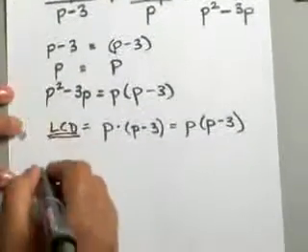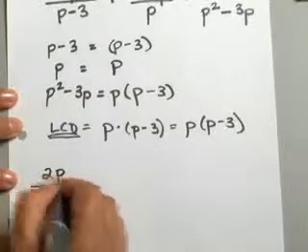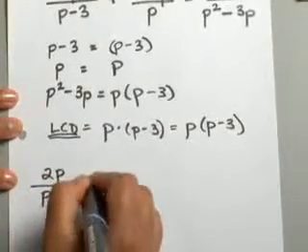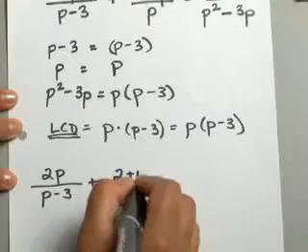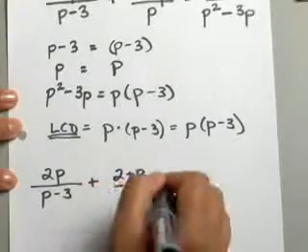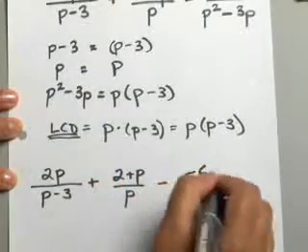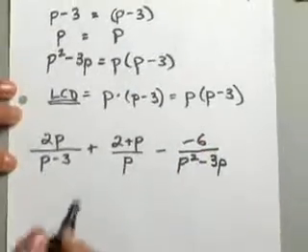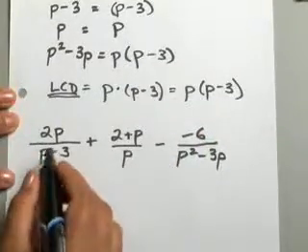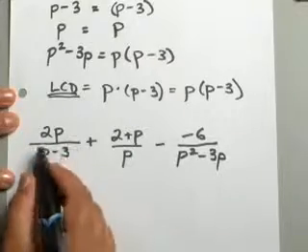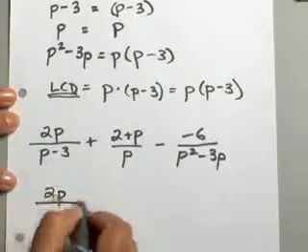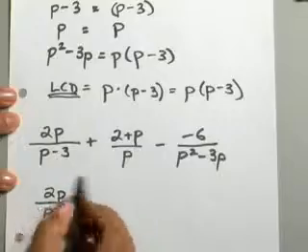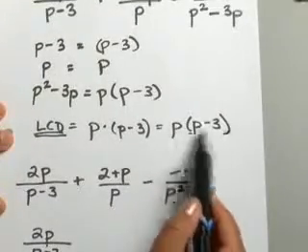Now, looking at our original problem, we want to try and make all our denominators the same. So we need to multiply each one of these expressions and try and find our common denominator. So this tells us that we need to multiply our first denominator by a p, because you have p minus 3.